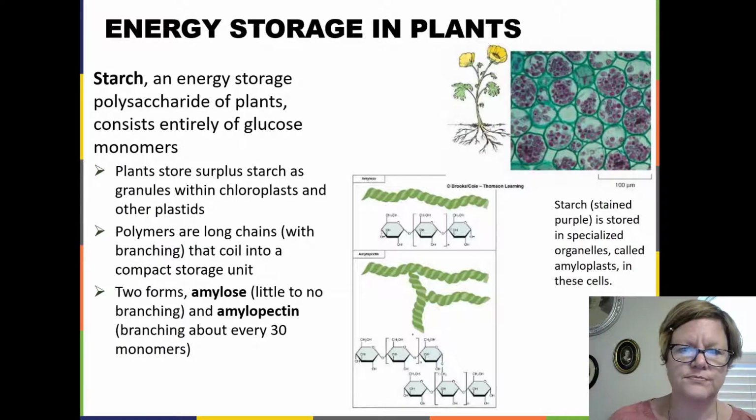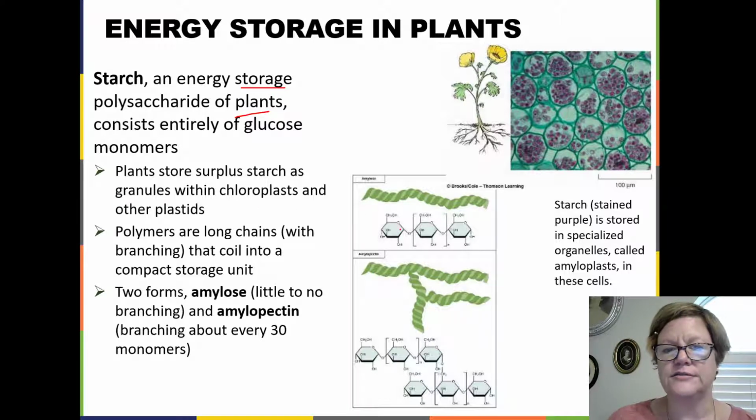All right, here's starch. Starch is the energy storage polysaccharide of plants. Some starch is branched and some is not. So this down here shows branched. You have all these monomers joined together, and then you have kind of a branch over here.